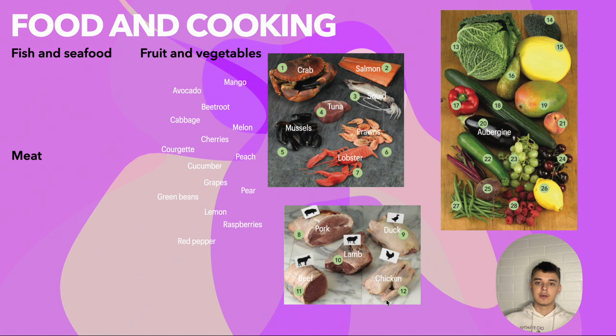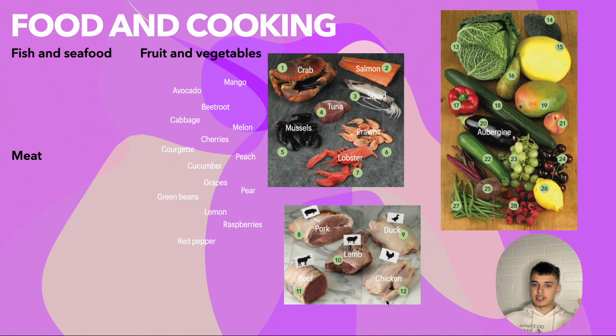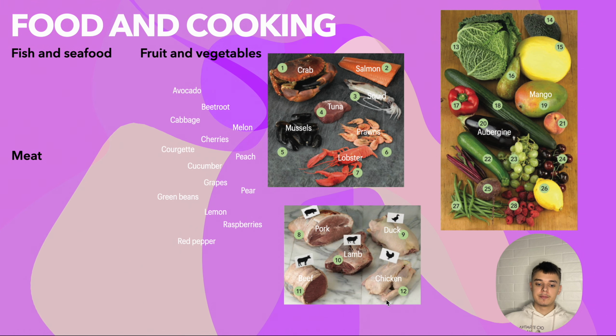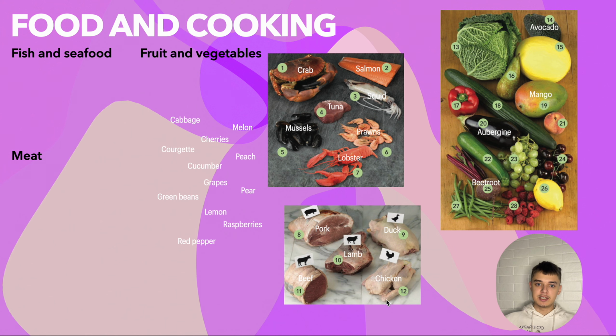Okay, so aubergine. Or in American English, you can call it an eggplant, because when it's small, it looks like an egg. It's white and round. Mango. Avocado. Beetroot.